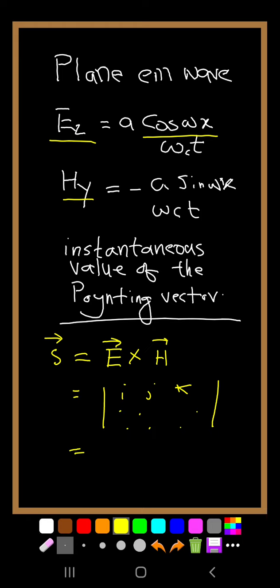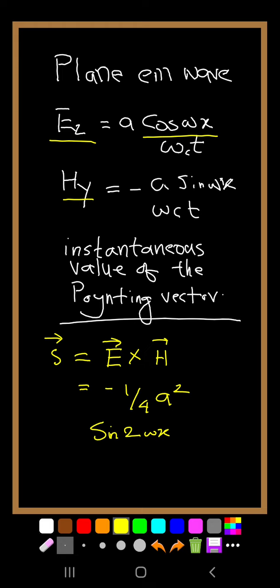It turns out to be equal to minus 1/4 a square sine 2 omega x into sine 2 omega c t. This is the value of the pointing vector.